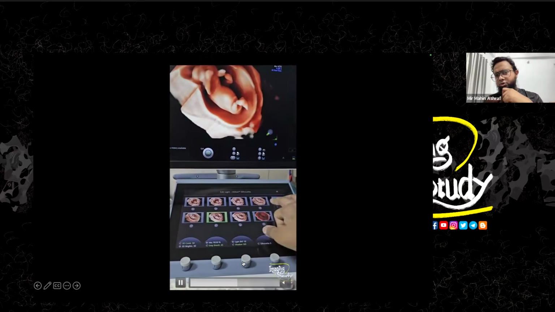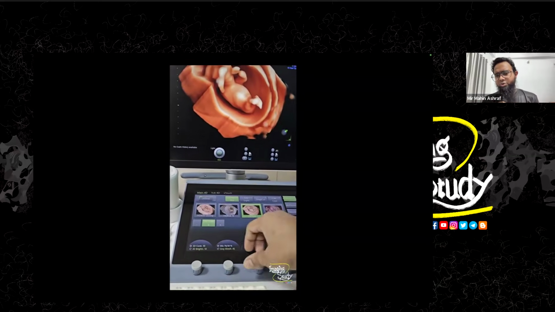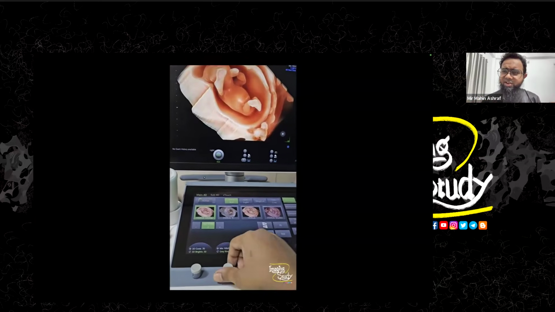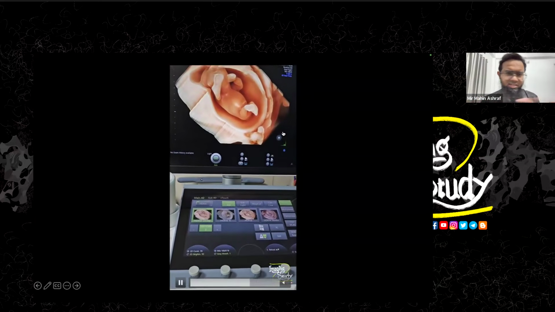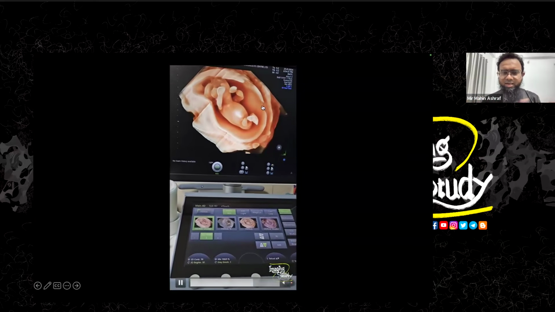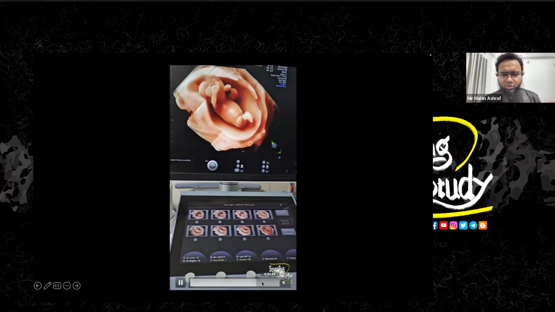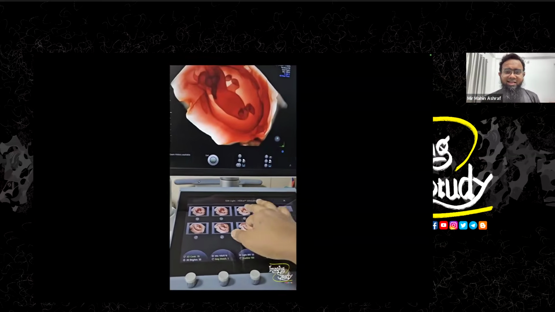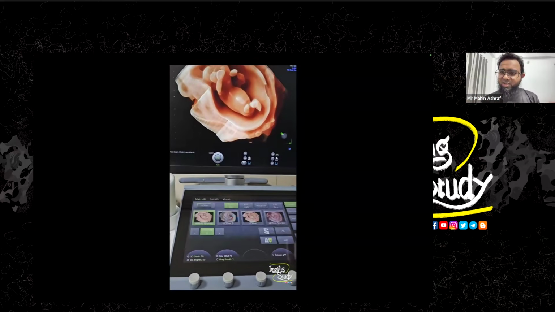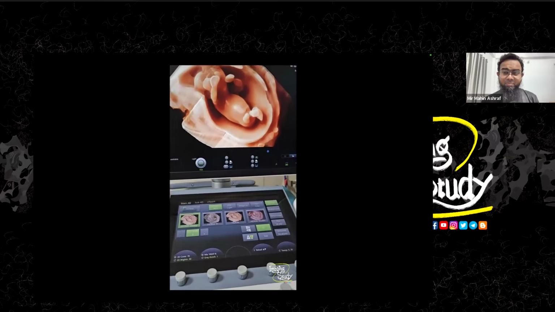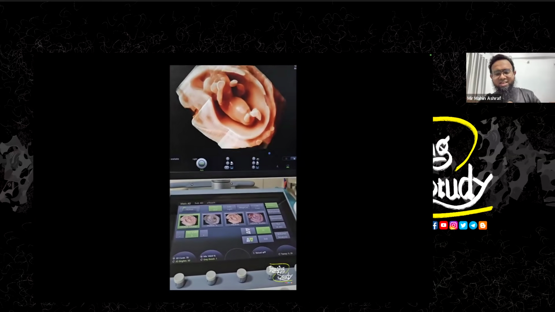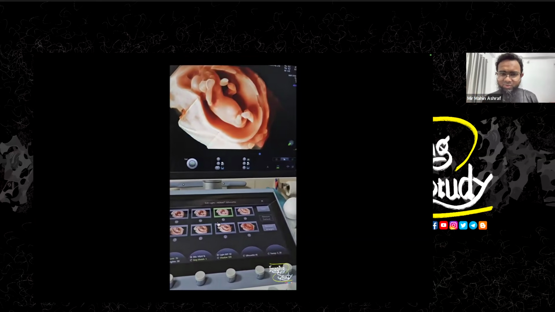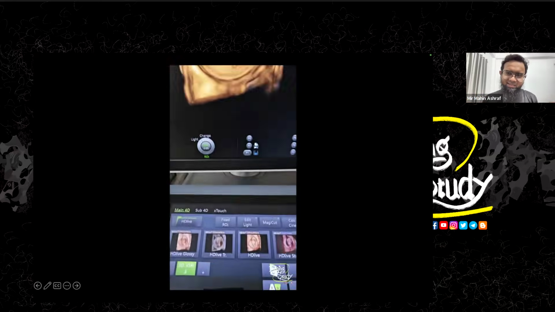All the options, I'm not doing it intentionally, rather I'm doing it in a freestyle mode. So just changing it and trying to see how it looks. So it takes time, it takes time. So you need to be a little more patient, and patients also need to be patient to get the report a little later. Otherwise they will miss this type of images.